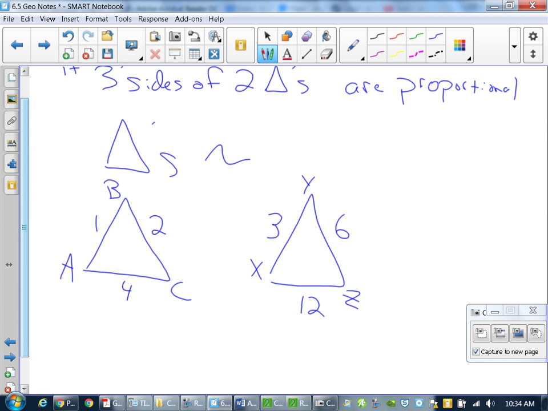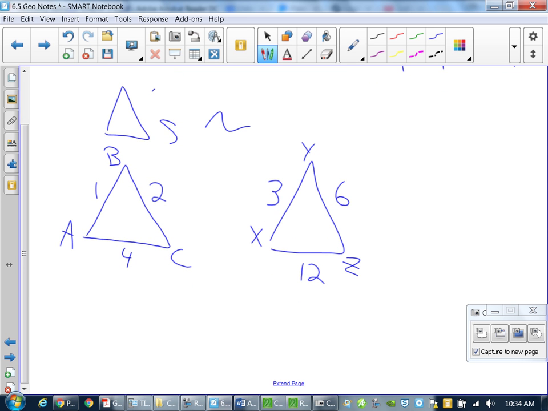What you're doing here is checking to see, do the letterings match up? And if they match up, do they have the same scale factor? Well, if I wanted to check to see if ABC is similar to XYZ, I have to check the letters. I'm going to ask, is it similar?